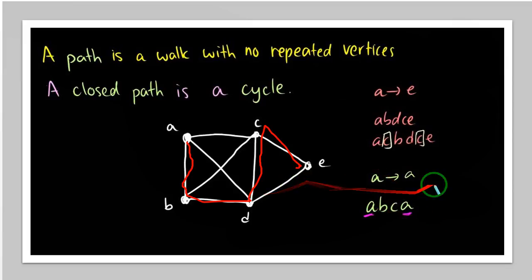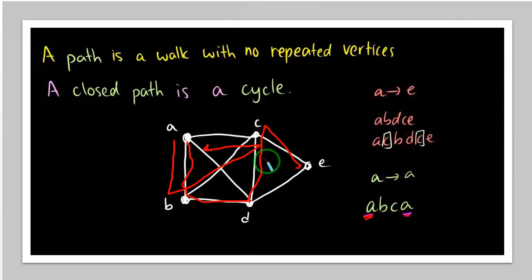Then A to A: we can move A to B, B to C, and C to A. Here the start vertex is repeated, but in this case we need a closed path, so for a closed path we can use it like that.